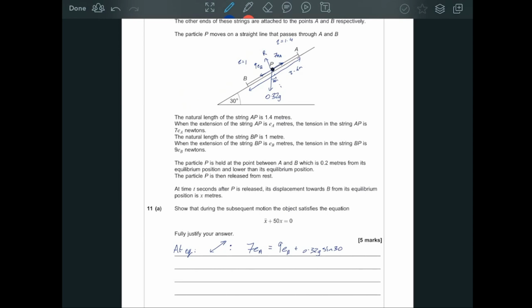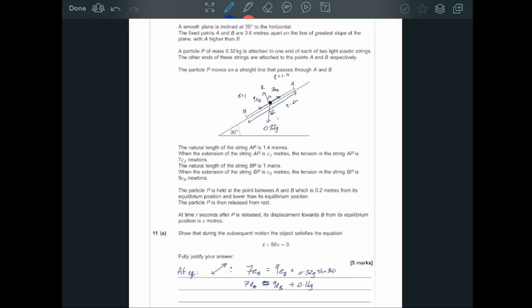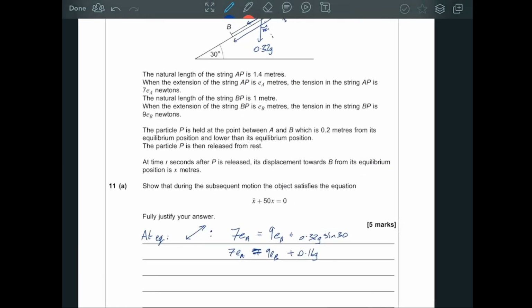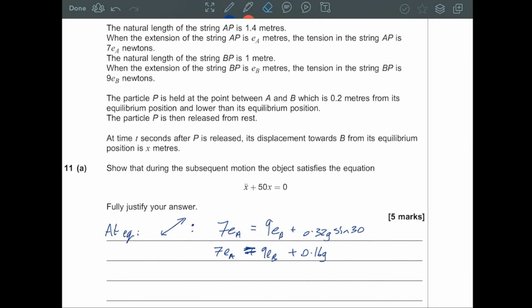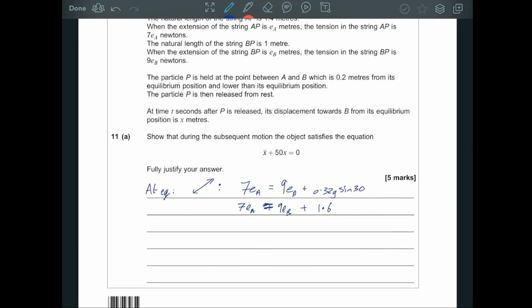The calculator I'm using is in radians. So that's going to be 7EA equals 9EB plus 0.16G. We have been told to use G as 10, so I might as well make that 1.6. Okay, but that's got two unknowns.